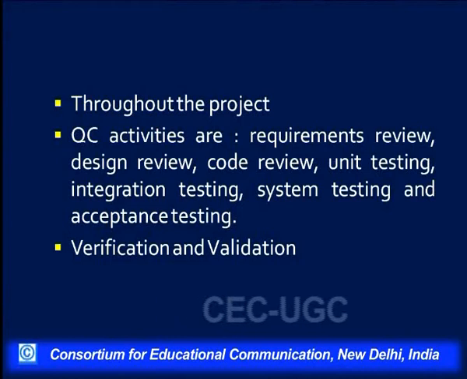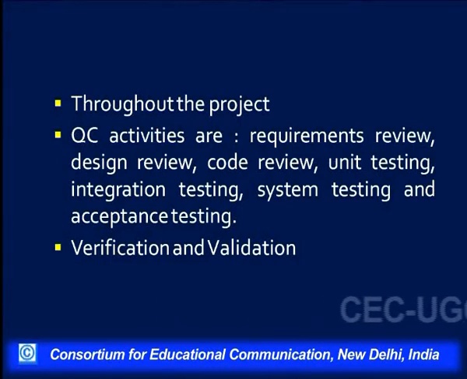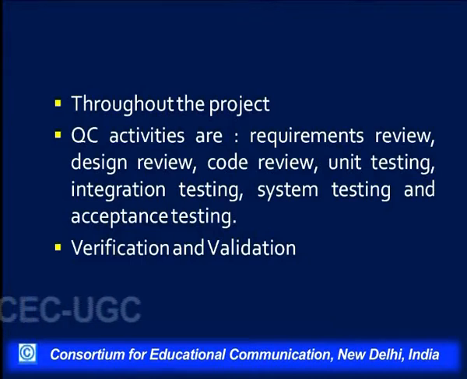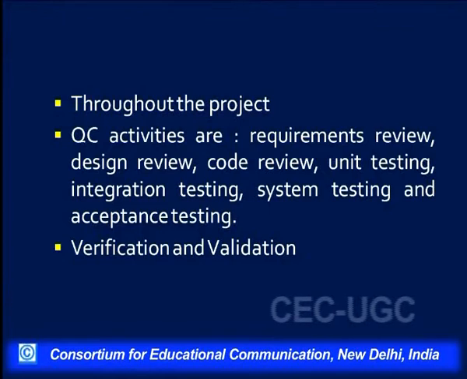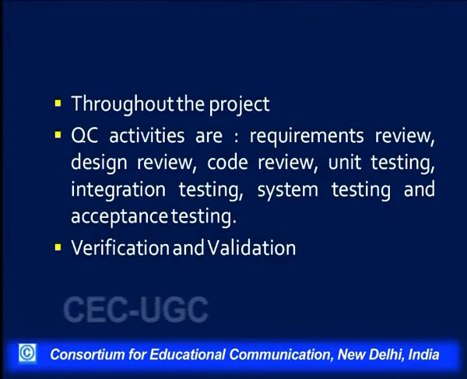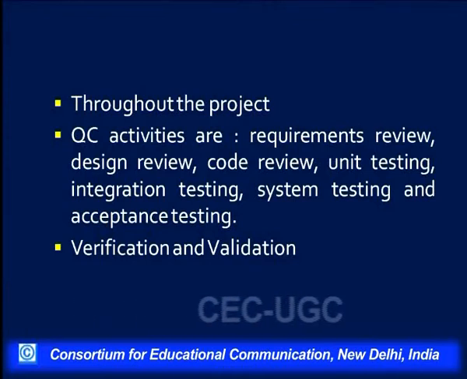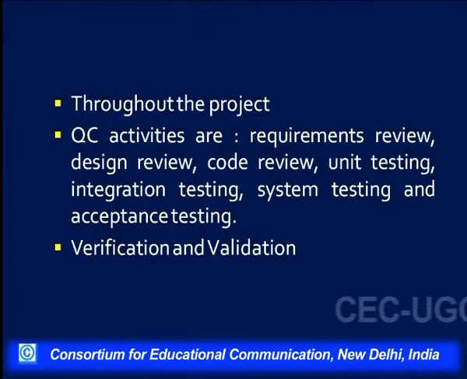So it is throughout the project that the quality control activities have to be performed and quality has to be kept in mind. Quality control activities are requirements review, design review, code review, unit testing, integration testing, system testing and acceptance testing. To ensure quality, each step of the software development process has to undergo review and testing.